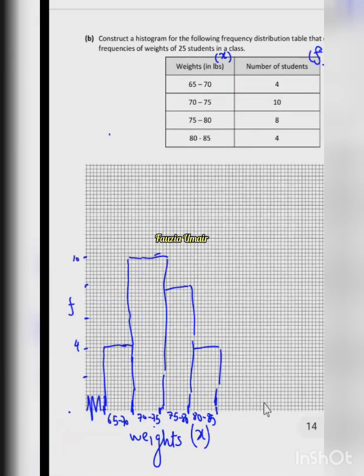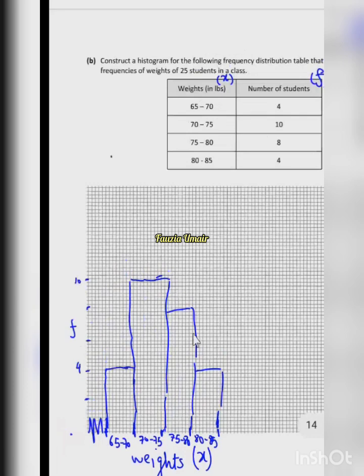The second mistake which students usually do is that they forget that histograms are basically continuous data. So you should not be leaving spaces in between. Myra, are you getting this point, beta? There should be no space between the bars. Bars should all be joined together.